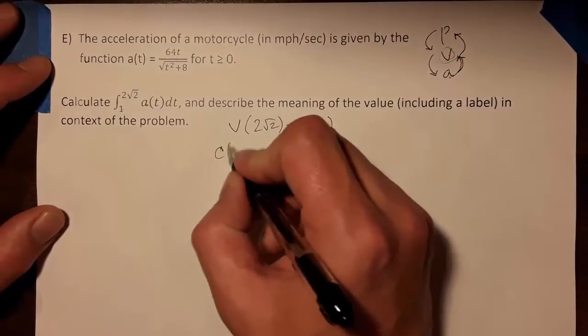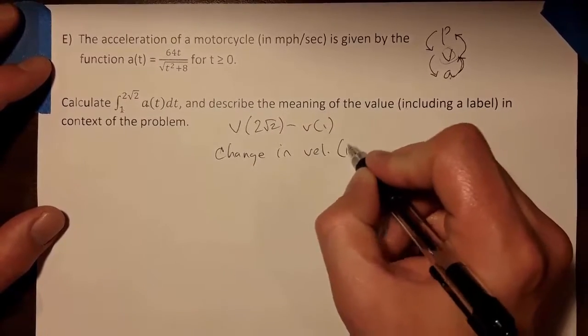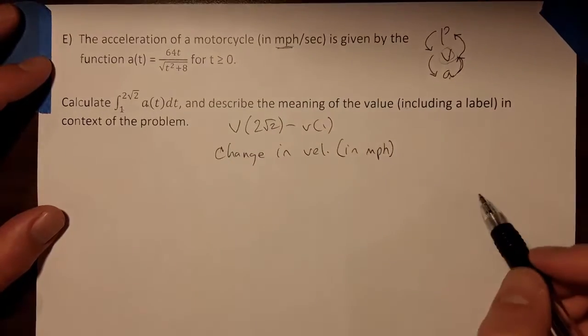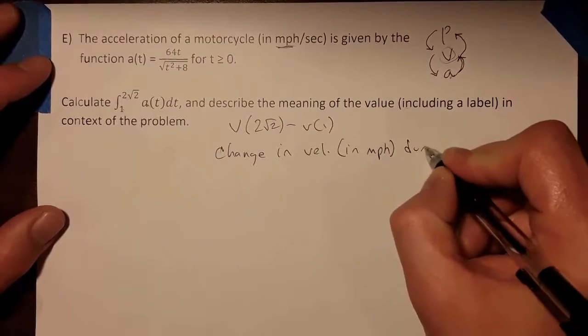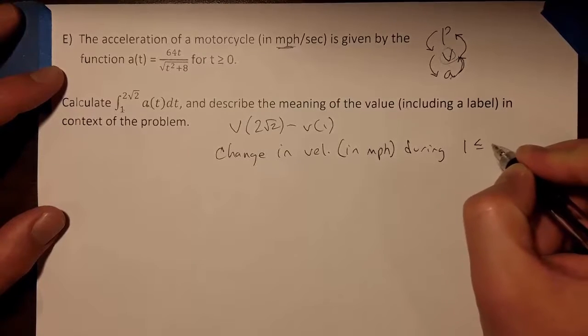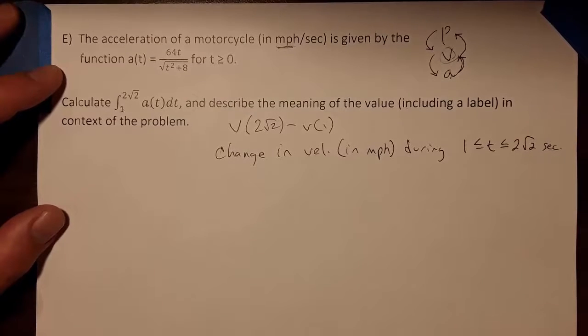We are going to find the change in velocity in miles per hour, because that's my velocity label, during the time interval 1 till 2 squared of 2 seconds.